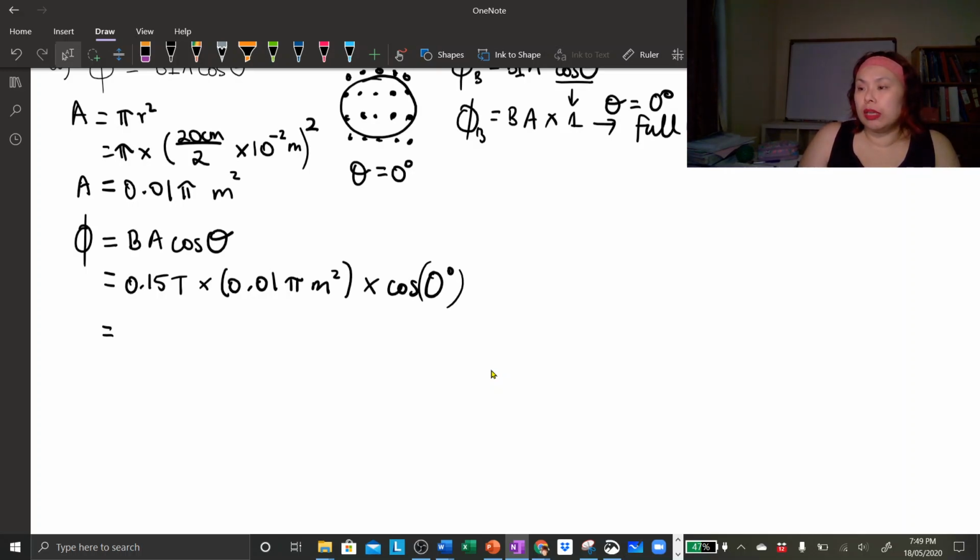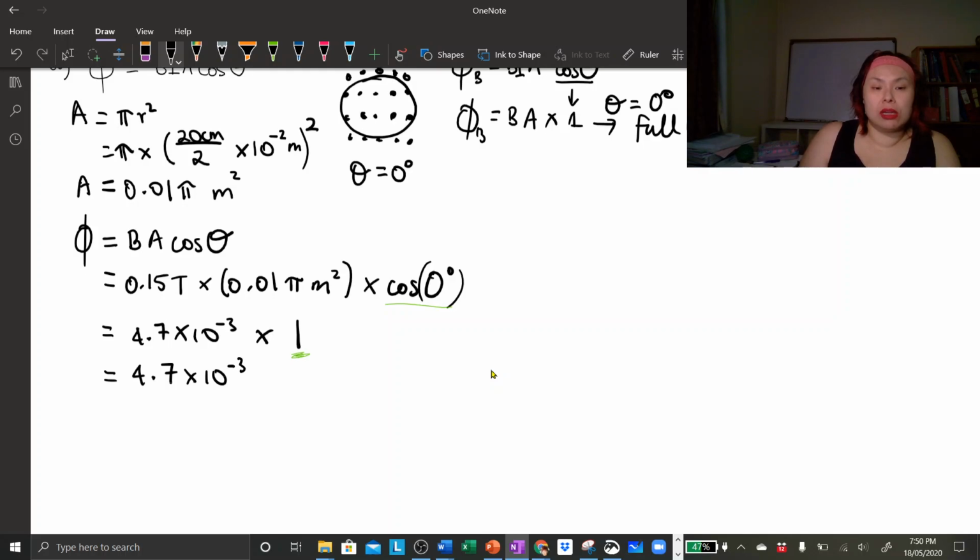So this will equal 4.7 times 10 to the negative 3 times 1. So the cosine of 0 is equal to 1. So our magnetic flux is 4.7 times 10 to the negative 3 Webers. And that's a W with a little b.